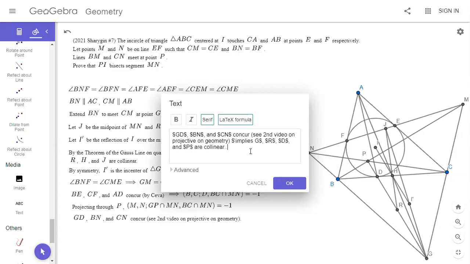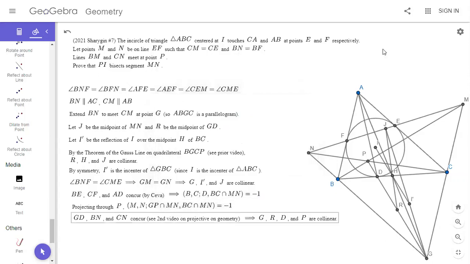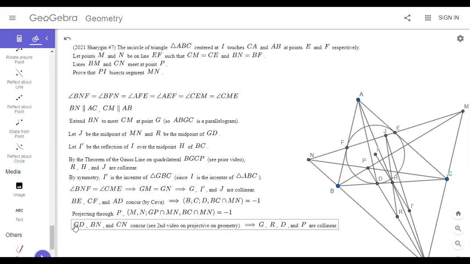I'm just trying to type out all the steps. I think that should be PD. Yeah. Or I guess you think it should be PD, BN, and CM? But it's the same.